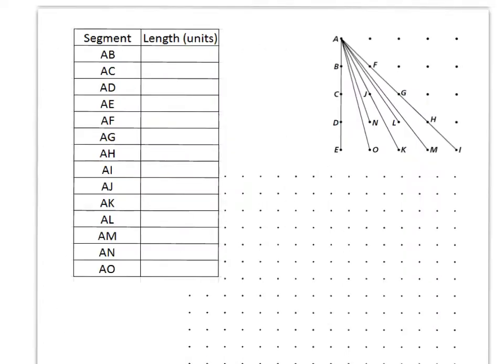So going back to the back side of your lab sheet, we know that the side length of AB was 1 unit. So we're going to write 1 unit right in the table. That was pretty easy. But when you look at segments like AF, I'm going to highlight that right here.